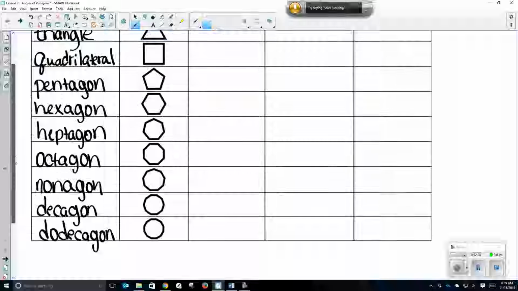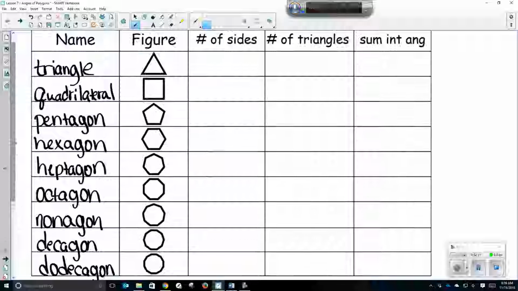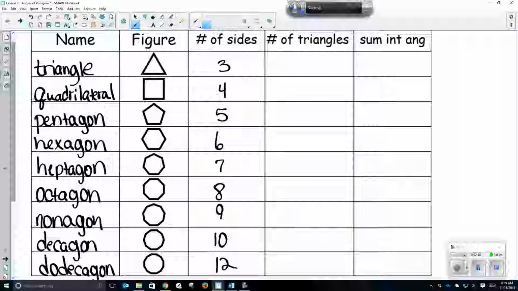Okay. Now let's go back and put number of sides. 3, 4, 6, 7, 8, 9, 10, and then 12. Number of triangles. Well, that's a weird column, isn't it? There's one triangle in a triangle.